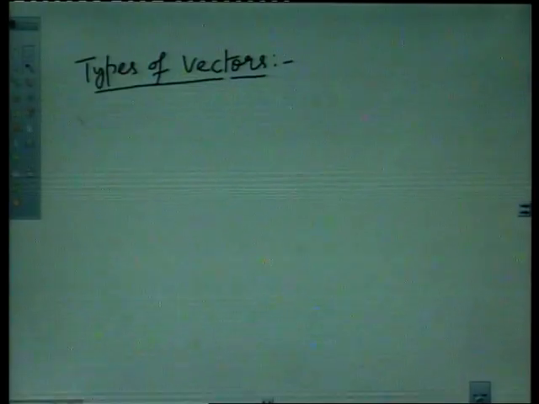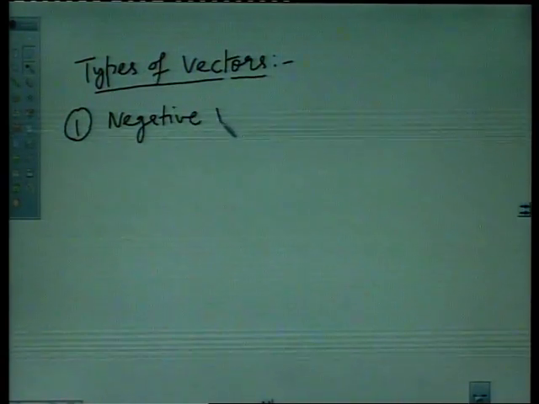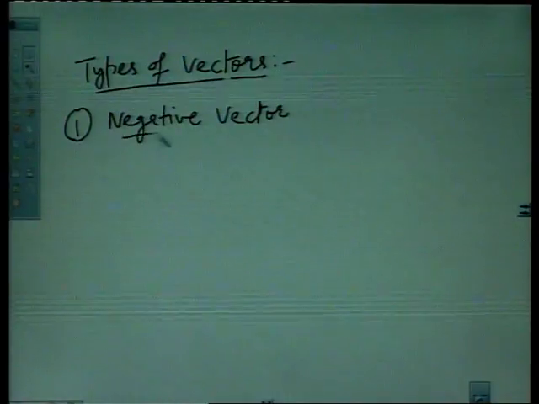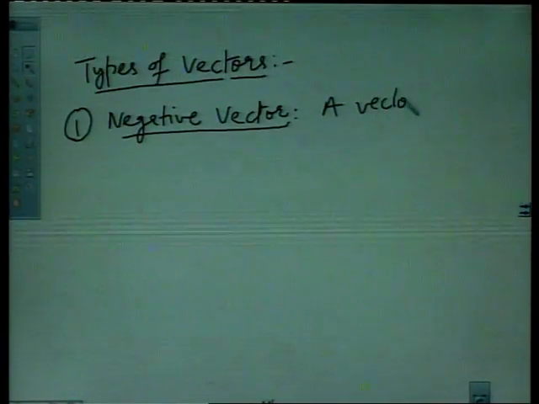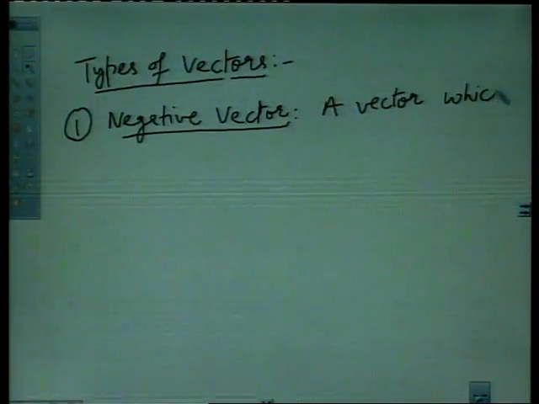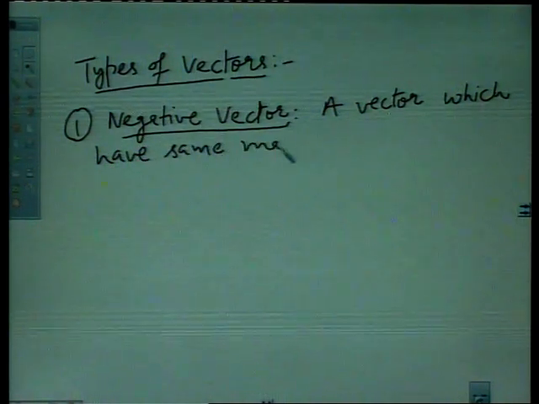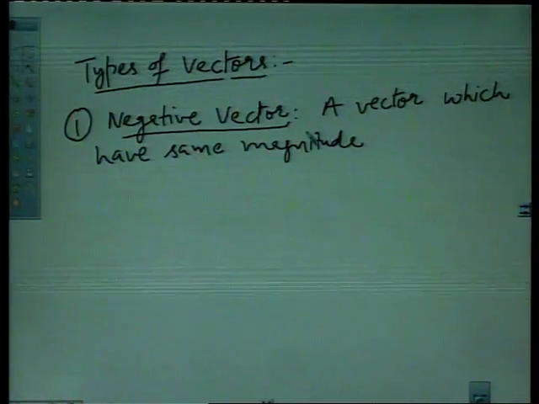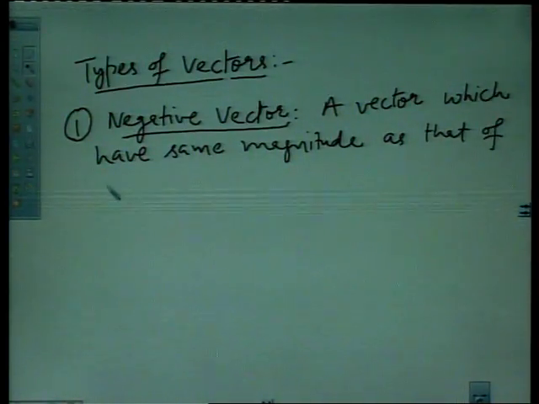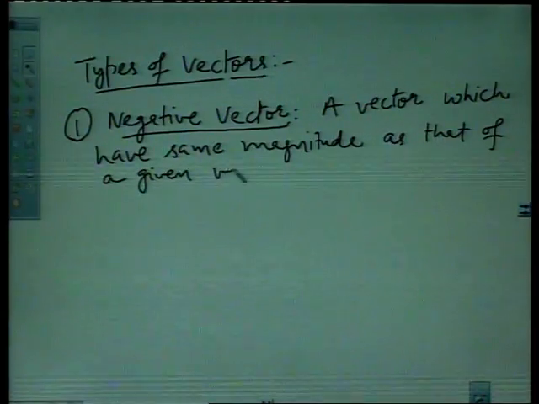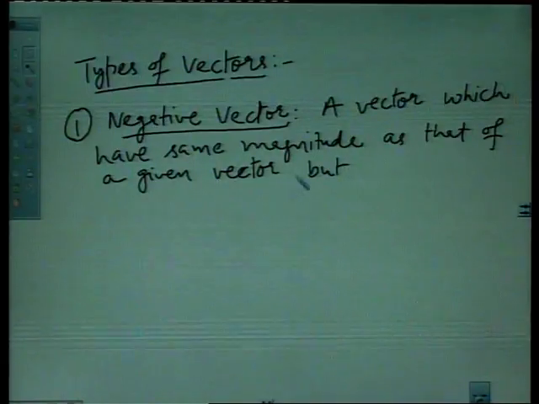So first type is the negative vector. As the name suggests, a negative vector is a vector which has the same magnitude as that of a given vector but opposite direction.